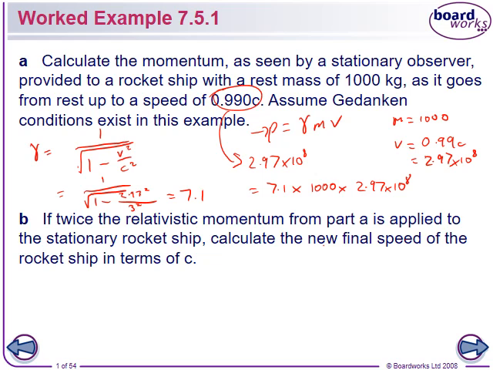Hopefully you get about 2.1 times 10 to the power of 12 kilogram meters per second. Hopefully you guys remember the units for momentum: mass times velocity, so kilograms times meters per second. So there is our momentum of our spaceship.